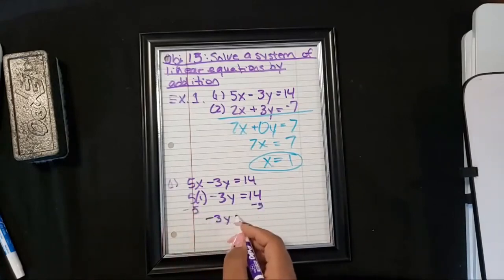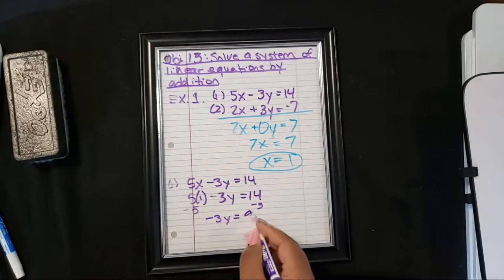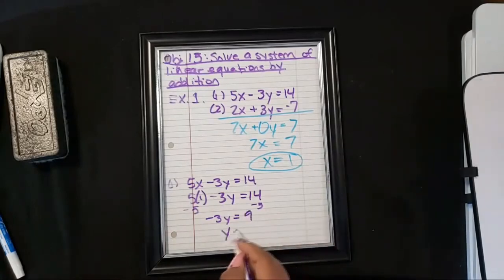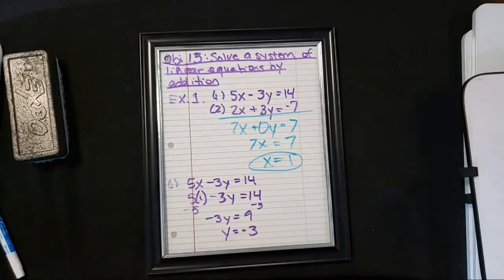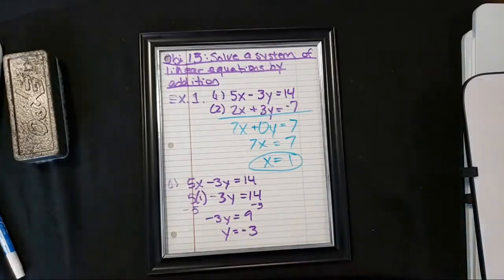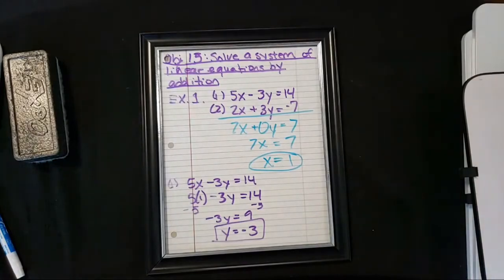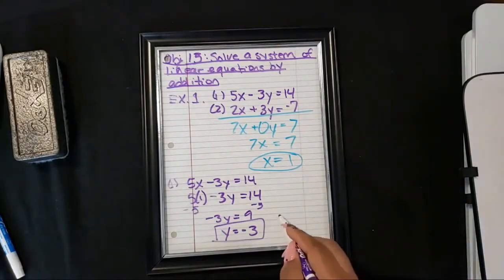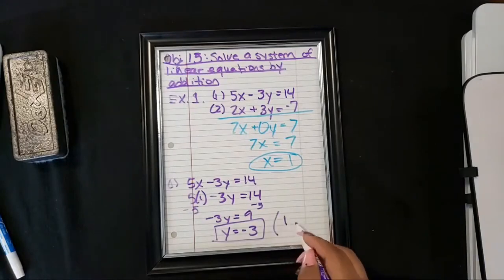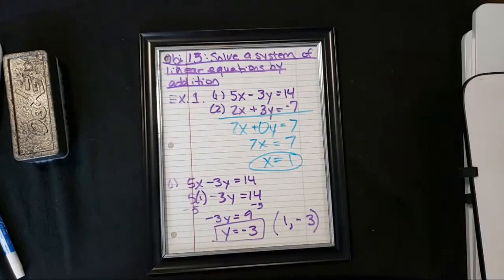So I have negative 3y equals 9, and y will, of course, be negative 3. Because we have an x and a y, that means we used the addition method to find the exact point where these two lines intersect. So our answer, we still write it as an ordered pair. It'll be (1, -3).